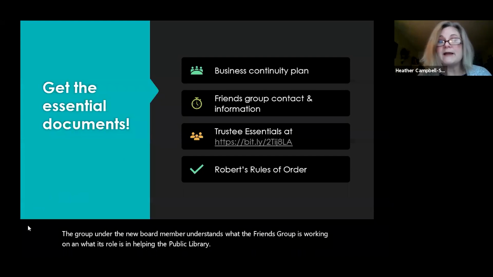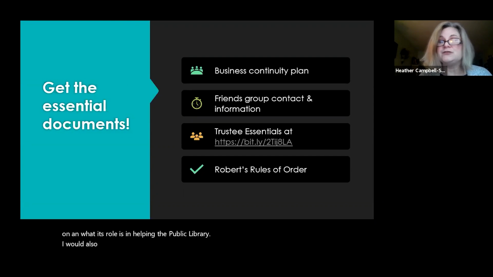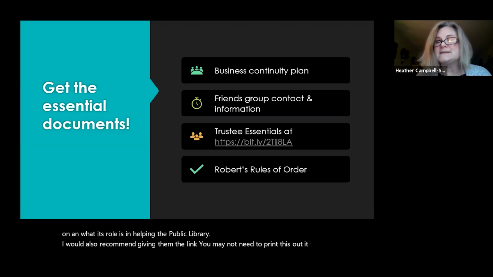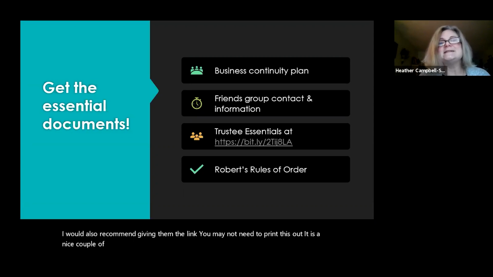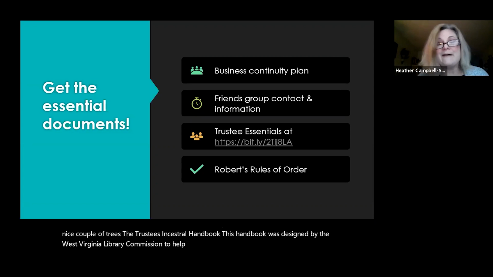I would also recommend giving them the link. You may not need to print this out. It is a nice couple of trees. The Trustees Essential Handbook. This handbook was designed by the West Virginia Library Commission to help each board member navigate a trustee's varied roles.